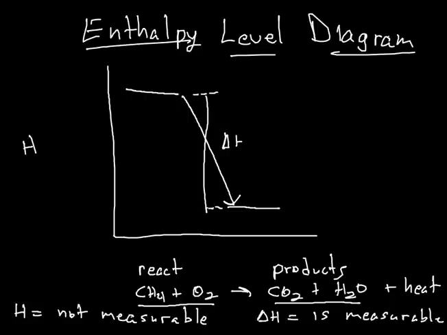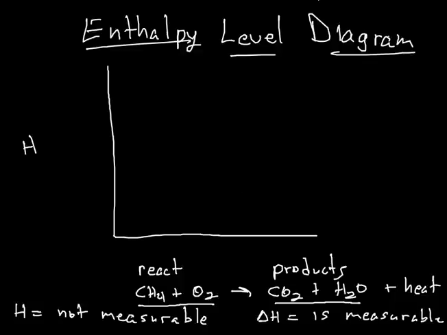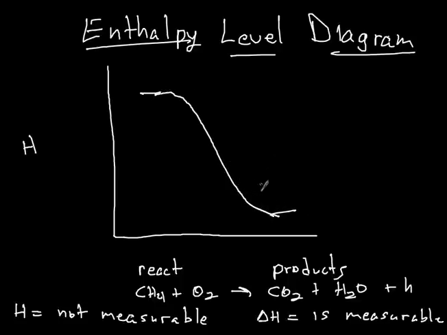You're going to start high, and you're going to go lower in this reaction. Now, there are a couple ways you could do it. You could do the line as a gradual curve, or it might be straight down.